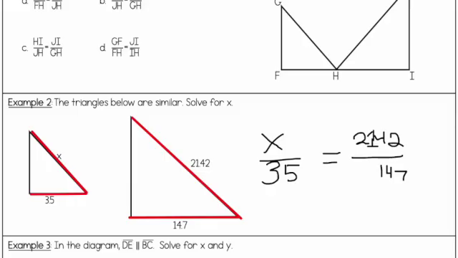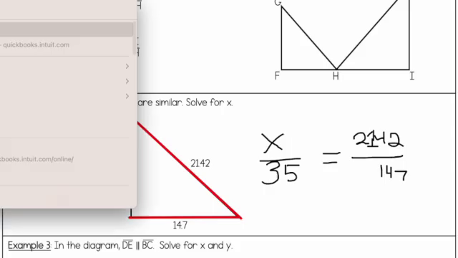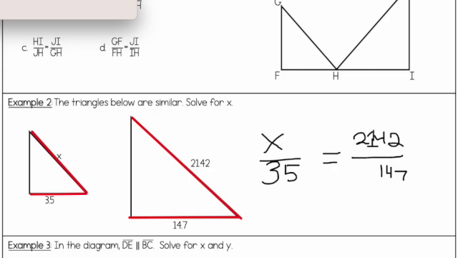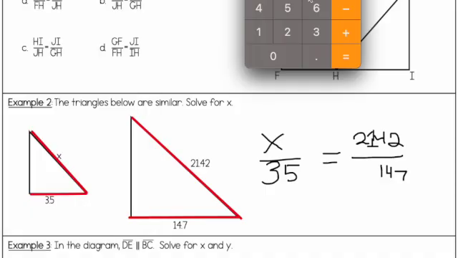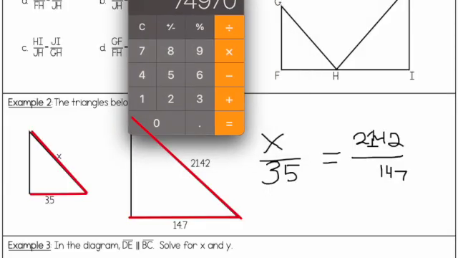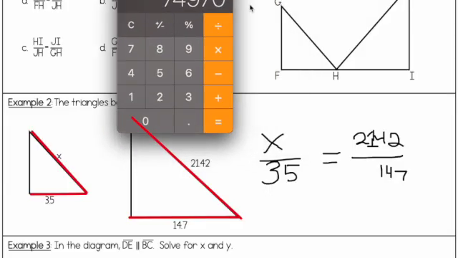Okay, so I'm actually going to open my calculator, and 2142 times 35, because I'm going to cross multiply, is equal to 74,970.